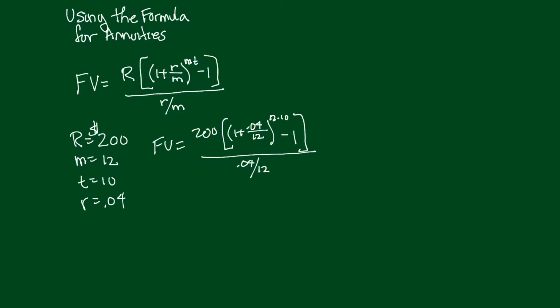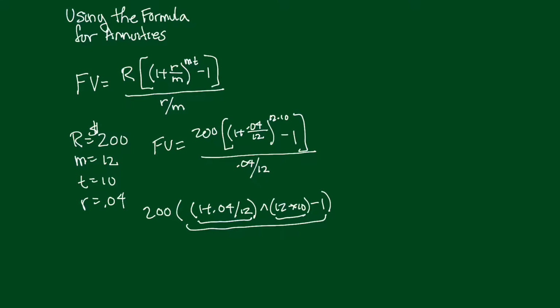So if I do it on my calculator, I'm going to put in this 200 parentheses, and then parentheses again, 1 plus 0.04 divided by 12, raised to the 12 times 10, close that, and then minus 1. Then I'll close the top. Let's match these up. I've got that one, and that one.